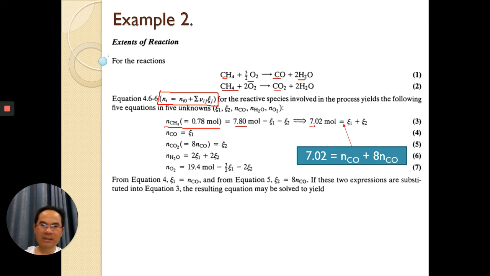And then you get 7.02 mole equal to C1 plus C2. This is for methane.